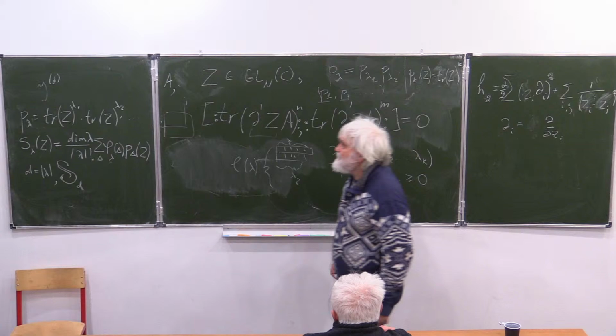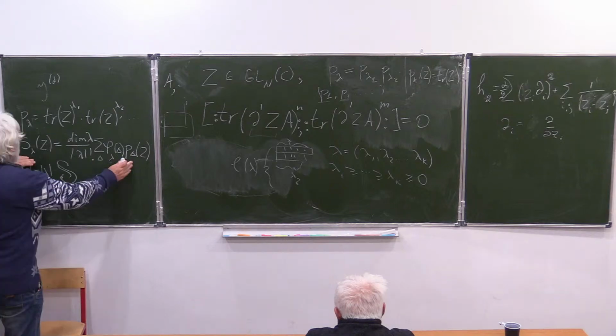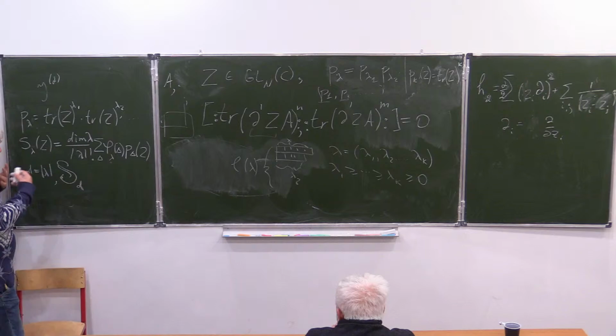No, I don't want to go into representation theory. The only thing I want to say is that there is a linear dependence between two bases, with some known coefficients. This is an integer which can be explicitly written down if we know the partition lambda.